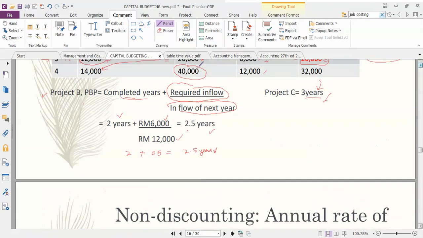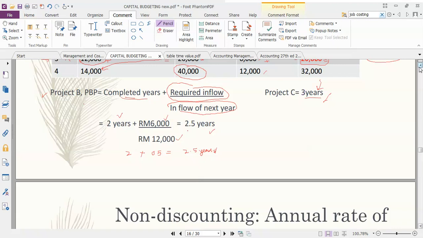Only how many years? 2.5, right? A shorter period than Project A's 4 years. But Project C is 3 years, not to complete the project, but for the company to get back their initial cash outflow of 20,000. We have to wait 3 years.